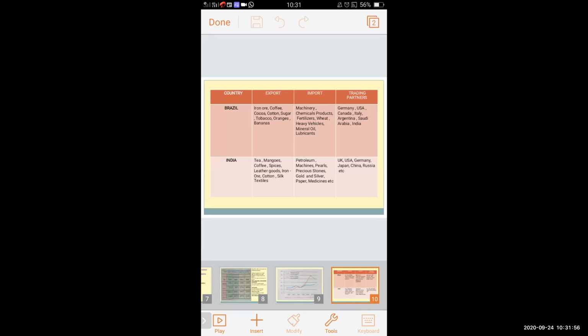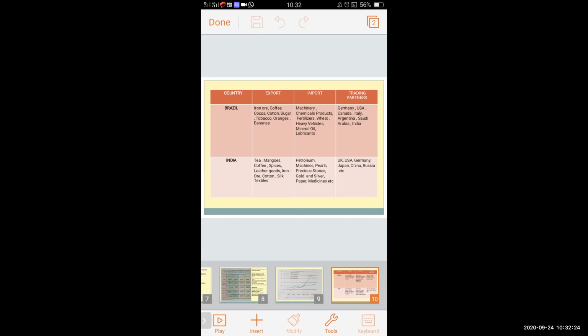So from this chart, we learn that Brazil exports iron ore, coffee, cocoa, cotton, sugar, tobacco, oranges, and bananas, and imports machinery, chemical products, fertilizer, wheat, heavy vehicles, mineral oil, lubricant. And the trading partners of Brazil are Germany, USA, Canada, Italy, Argentina, Saudi Arabia, and India.